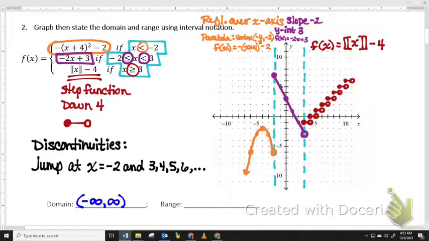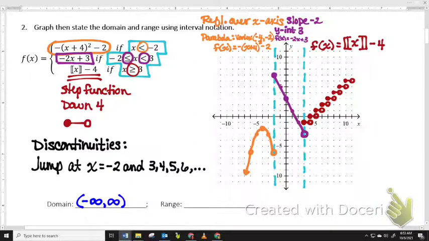We are defined right here at -2. We have every x value in between -2 and 3, and even though it looks funny and I don't have an arrow, this pattern would continue forever and ever and ever. So we will hit every single x value. Even though it is not defined here, for x is 4, it is defined here.